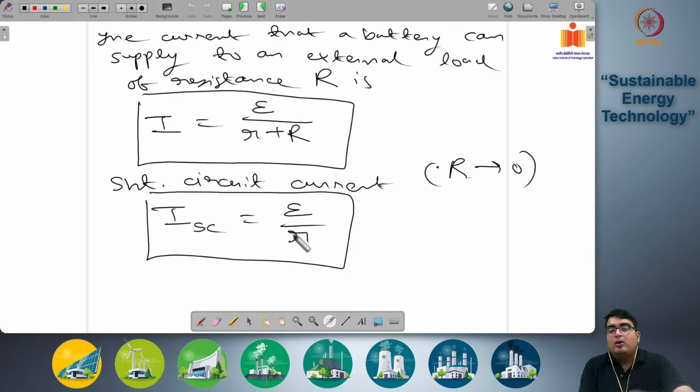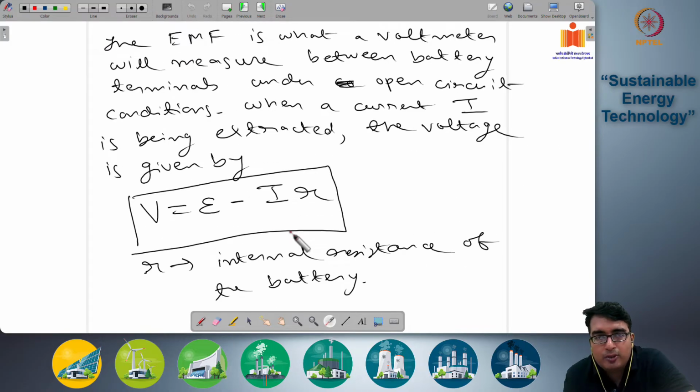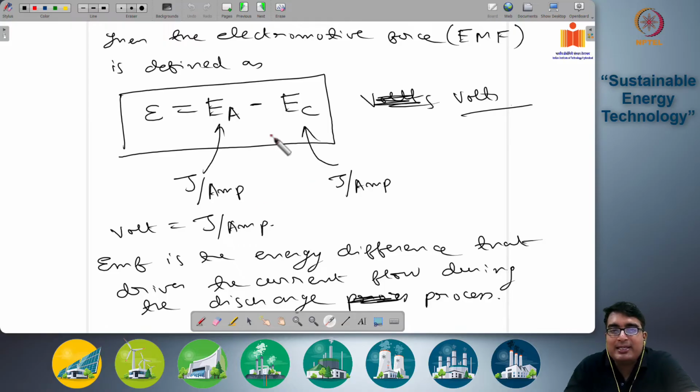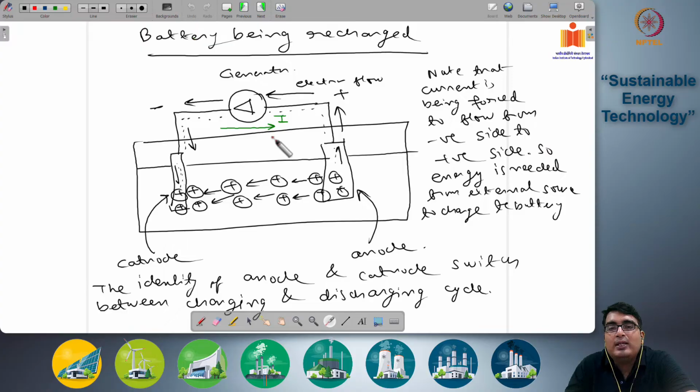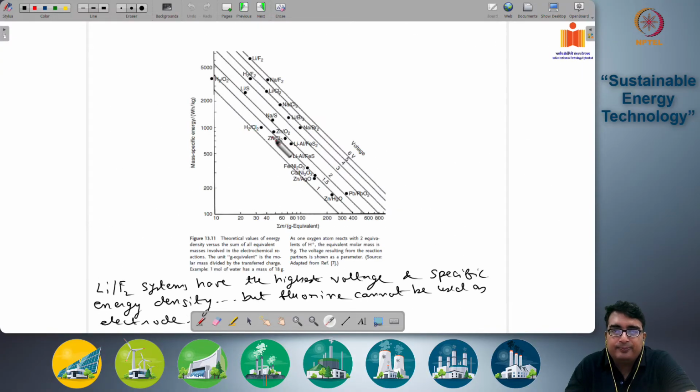Now, one point I want to show you: this electromotive force is the energy difference between these two reactions. When we looked at it in the previous class, the values of these voltages here are the electromotive force values for the various cells. Based on the dissociation and association reactions happening, the energy released depends on the two electrode materials.